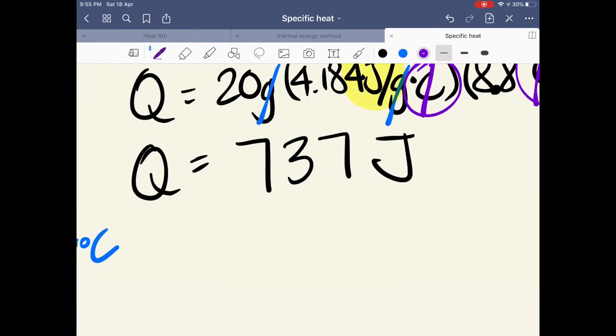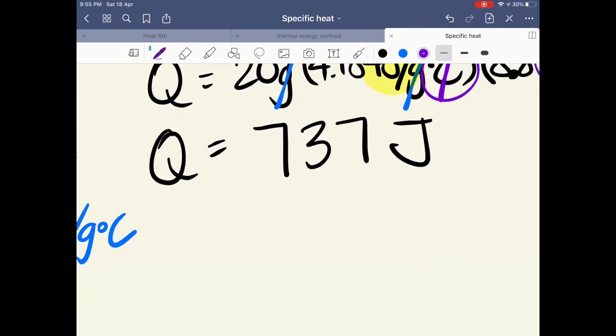Okay, now this heat is the heat absorbed by the water. And you already know that energy can't be created or destroyed. It's only transferred.